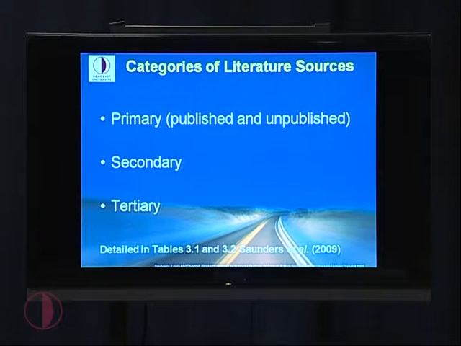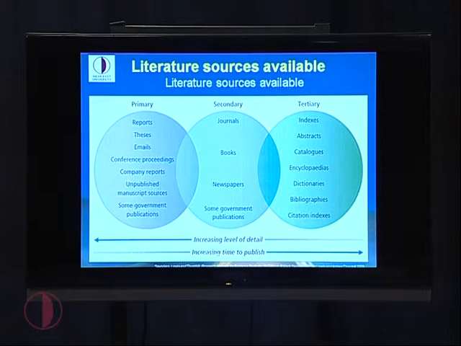So the three types of literature review sources are the primary, the secondary, and the tertiary. Just look at the primary. It's from reports, from master's theses or doctoral PhD dissertations, from conferences, company reports, unpublished sources, and some government publications.